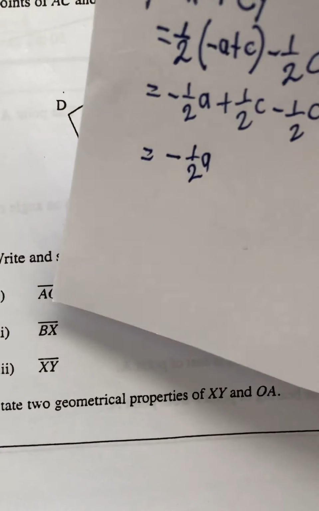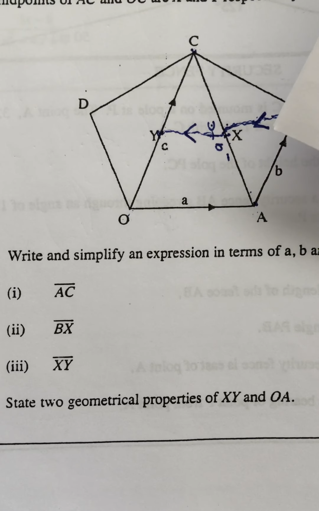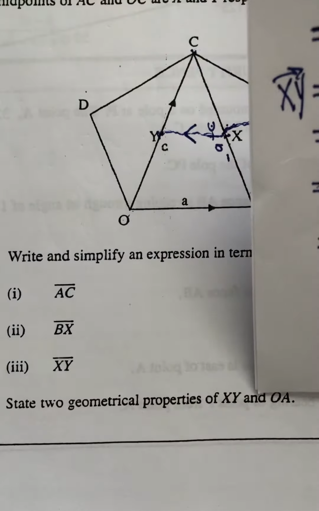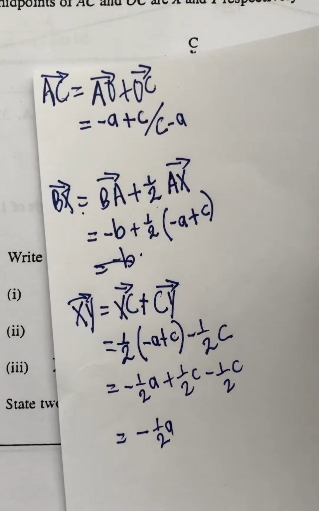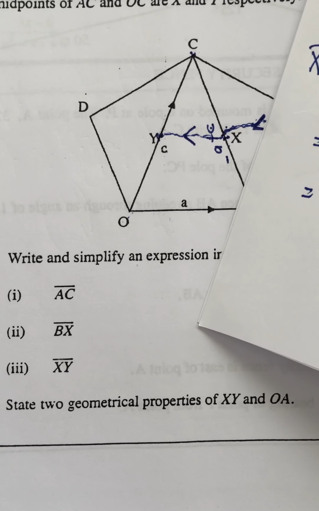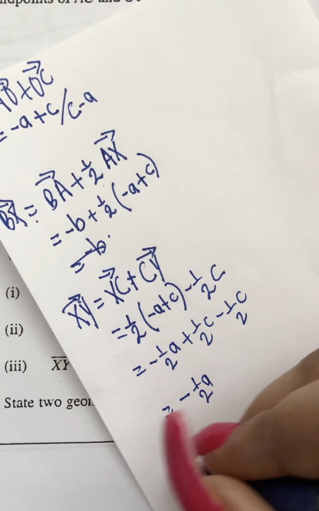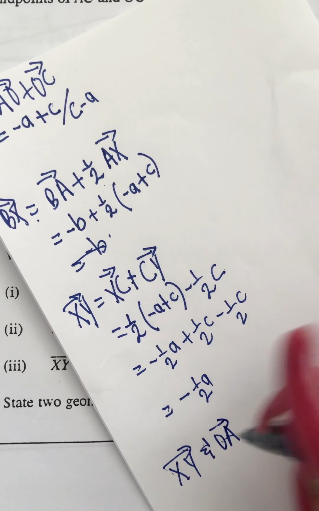So we've answered 1, 2, 3. Those are the parts for C. And then our D asks us to state two geometrical properties. Alright. XY and OA. XY and OA. Good.